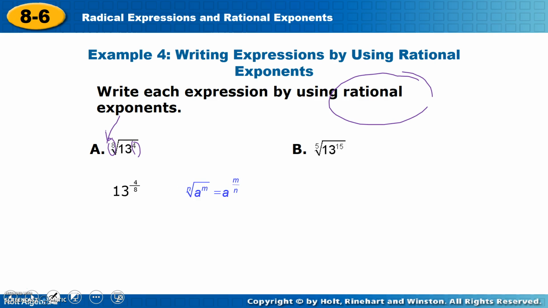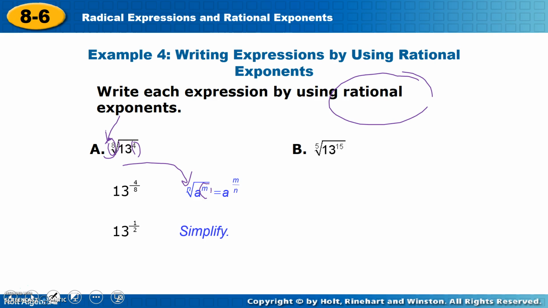Let's take a look. So there's the nth root, right, to the m power. So this would be 13 to the 4/8 power. We can actually simplify the 4/8 down to a 1/2, and that would be its simplified form.